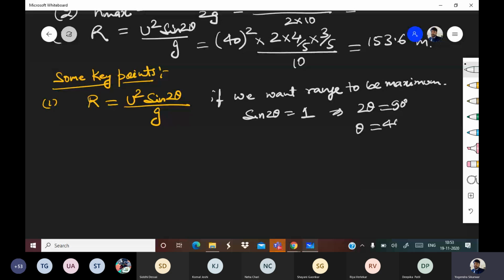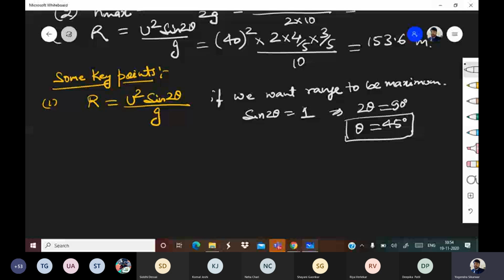So the point to be noted is that the range of a projectile is maximum if the angle of projection is 45 degrees. And how much will R max be? R max will be u square by g.